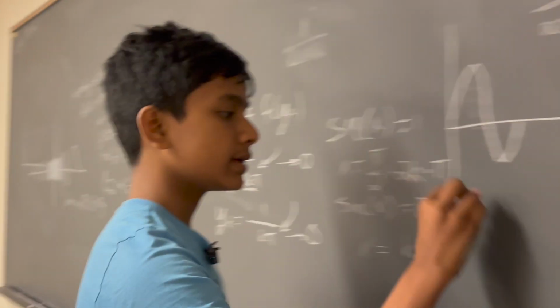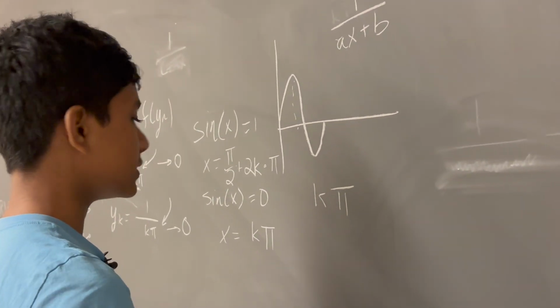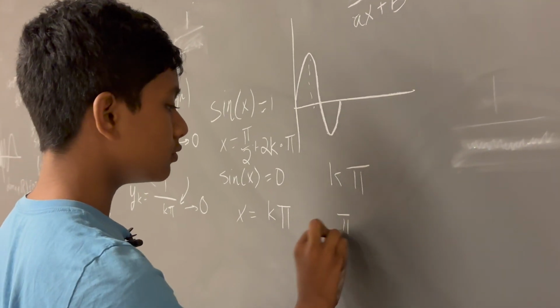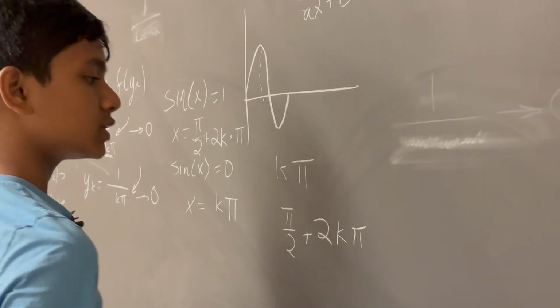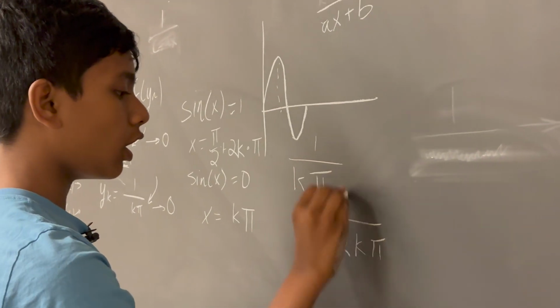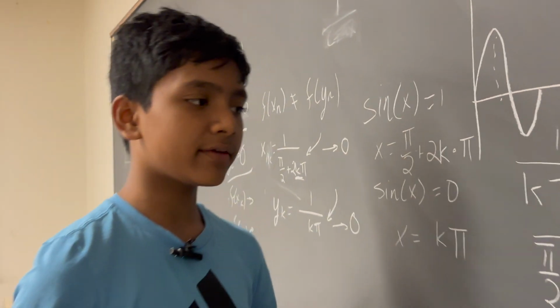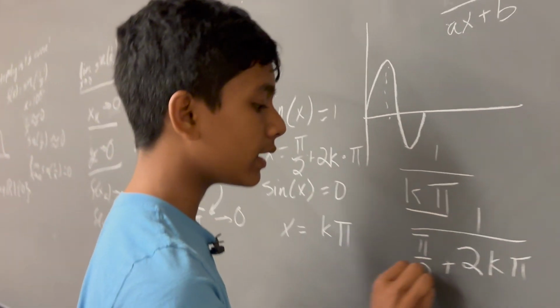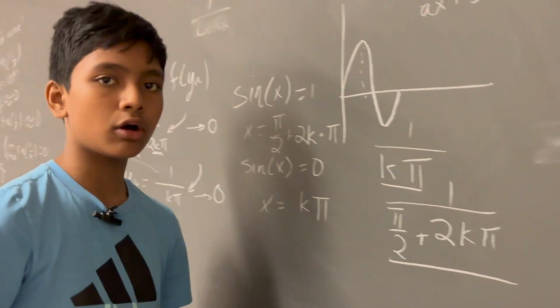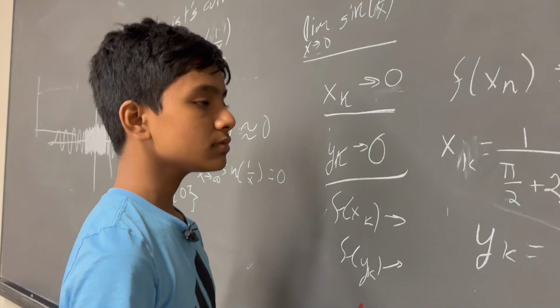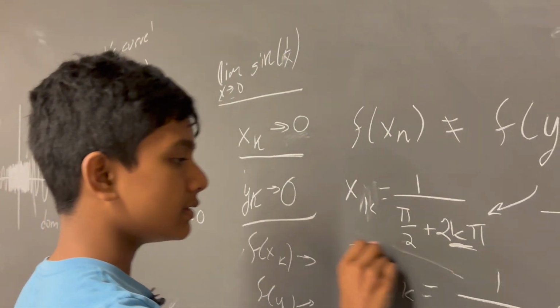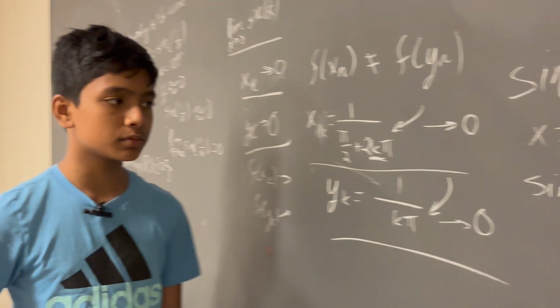Well, k pi is always increasing, and pi over 2 plus 2k pi is always increasing, which means that their inverses are always decreasing. But they can never be below 0 because k pi and pi over 2 plus 2k pi are always positive. So that means that these two both have to approach 0.